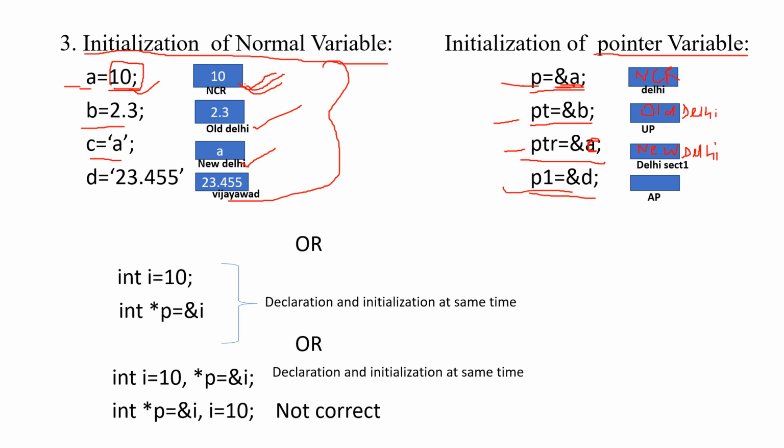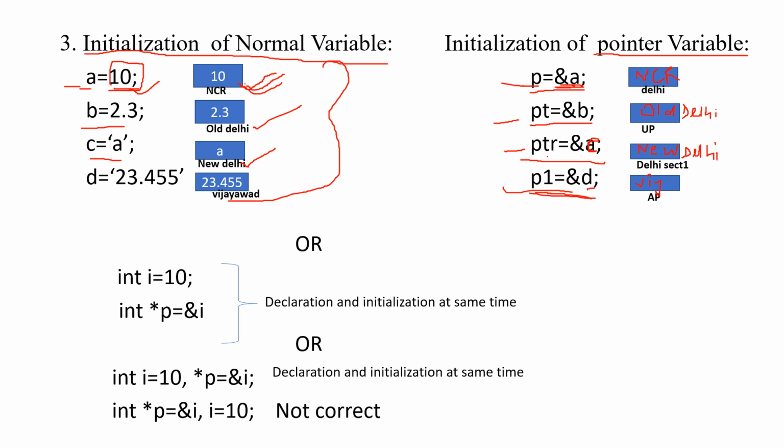So do remember: integer, float, character and double. What will this double pointer store? It will store Vijayawada, because the address of d is Vijayawada. So Vijayawada is going to be stored here.